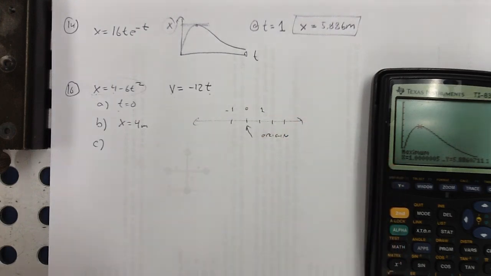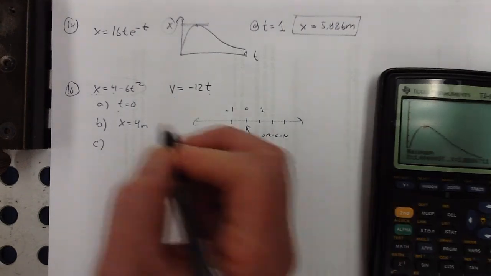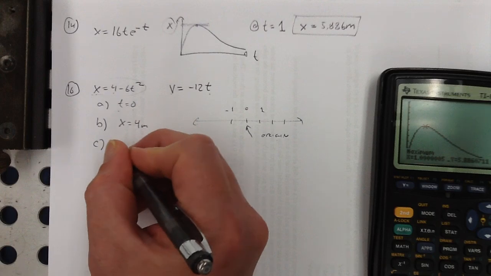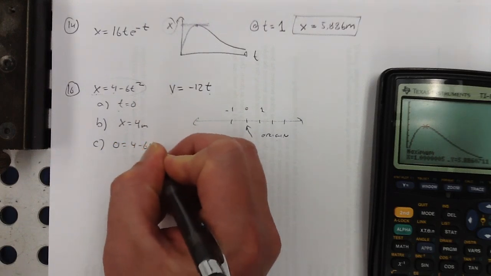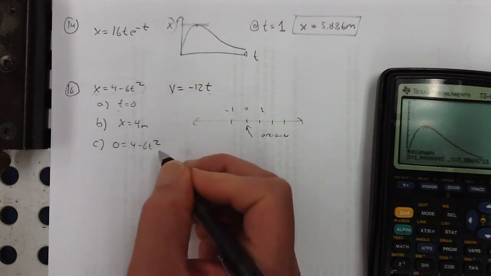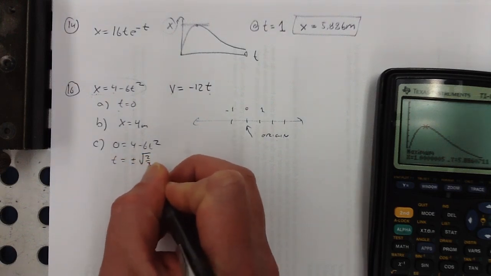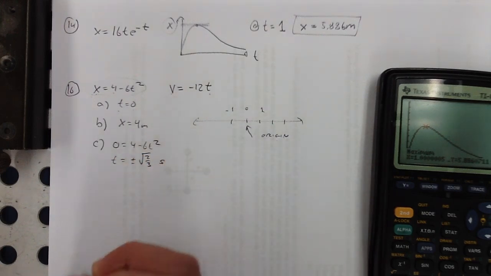It's just a one-dimensional origin. So the origin is at x equals 0. So when does that happen? Well, we just solve for this. So I guess t is equal to plus or minus the square root of 2/3 seconds. Whatever that is as a decimal, about 0.82 seconds.